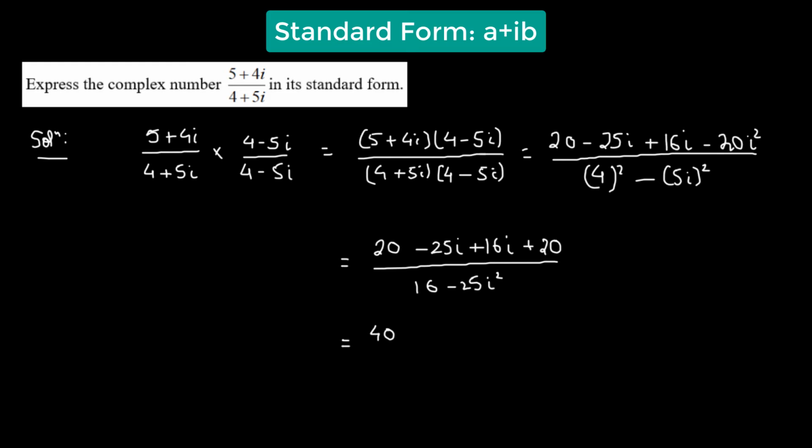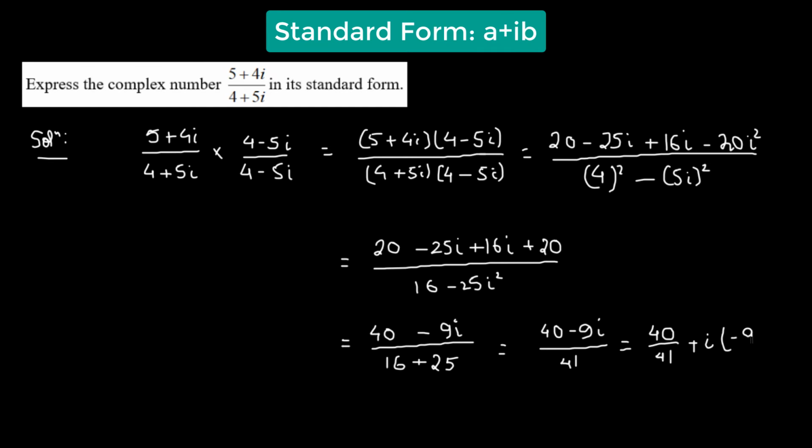Negative 25i plus 16i will give us minus 9i. Divided by, we have 16 plus 25 in the denominator because i squared is negative 1. So that should finally give us 40 minus 9i divided by 41. 16 plus 25 is 41, and in the standard form we will have 40 over 41 plus i times negative 9 over 41. So that is the final answer.